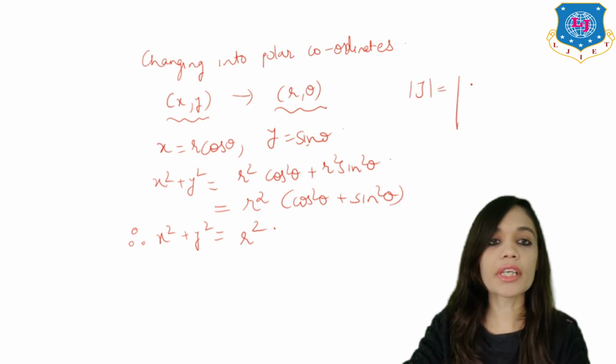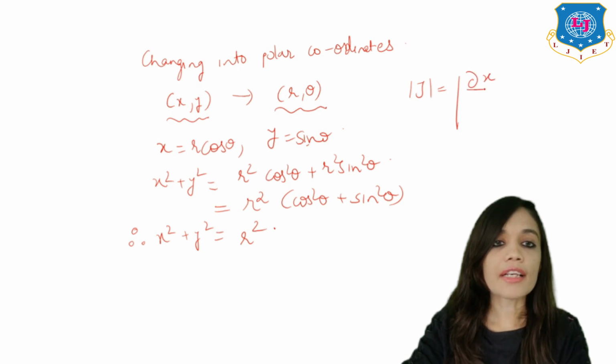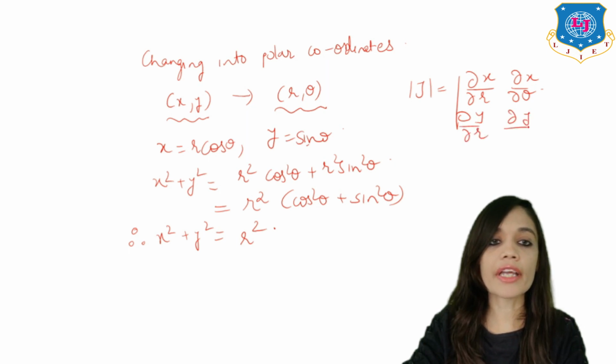Then we have found out our mod J, that is the determinant of del x upon del r, del x upon del theta, del y upon del r, and del y upon del theta, and this is giving us the answer r.